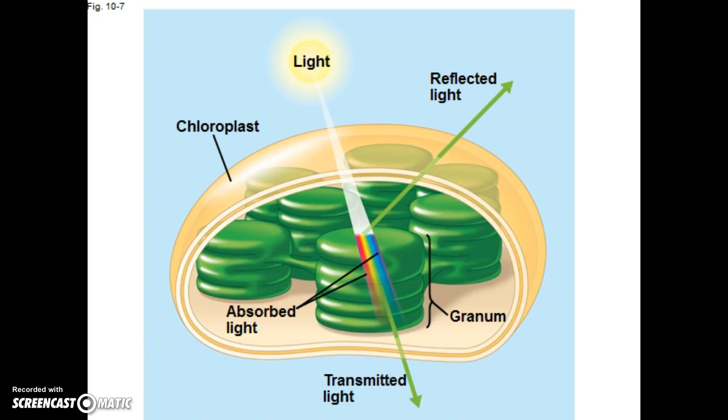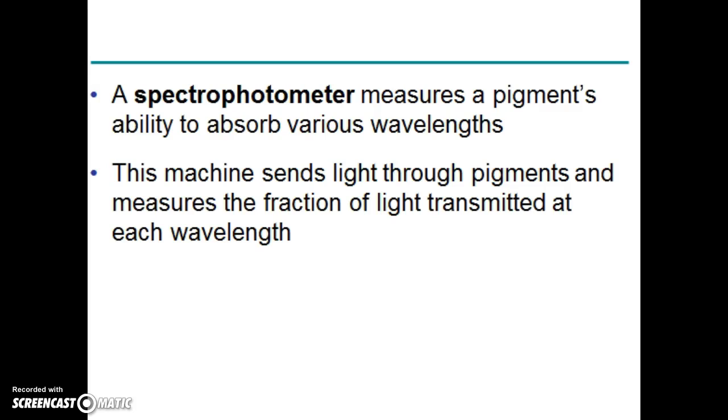We can measure how much of various light wavelengths are being absorbed by pigments using what is called a spectrophotometer. It's a machine that we can send light through, and we can measure how much of that light is actually picked up by a pigment.